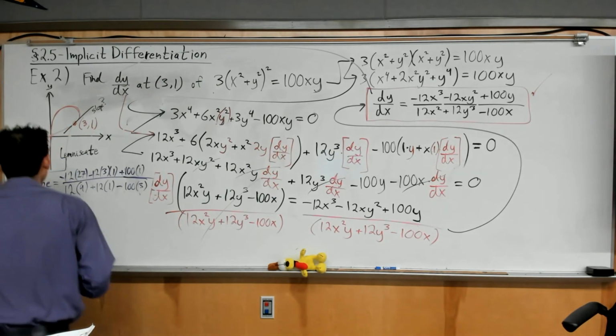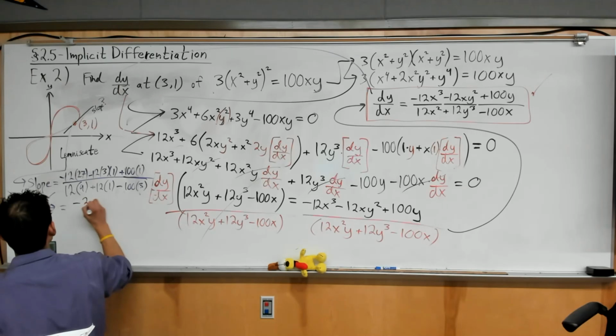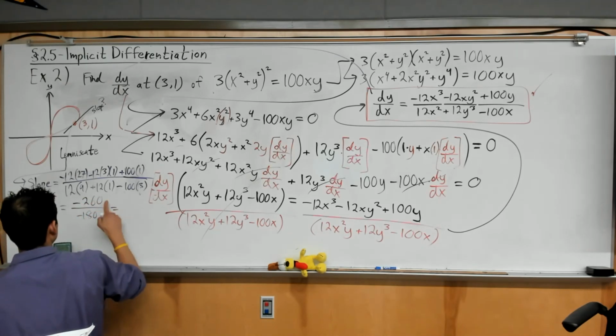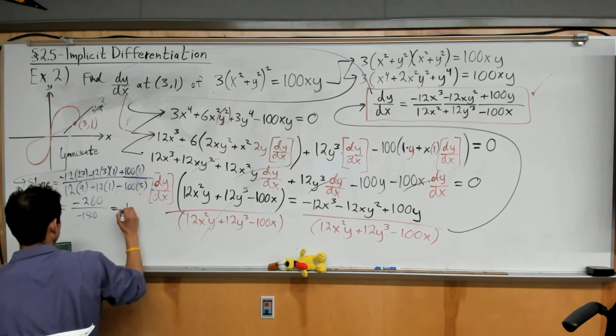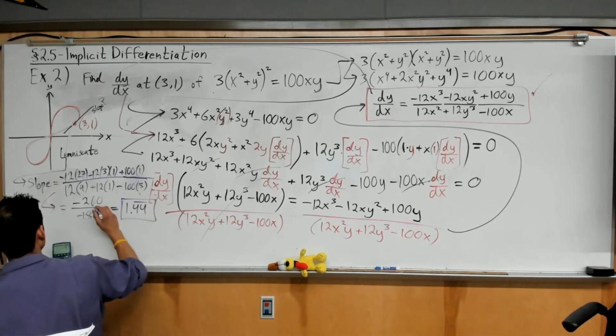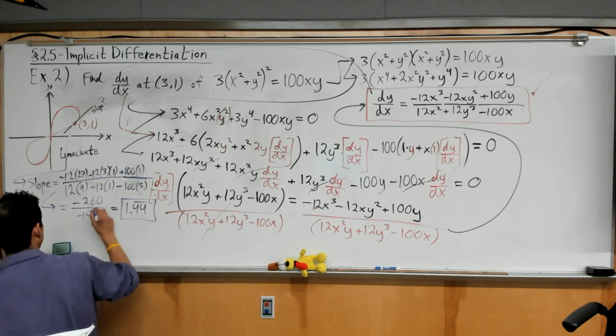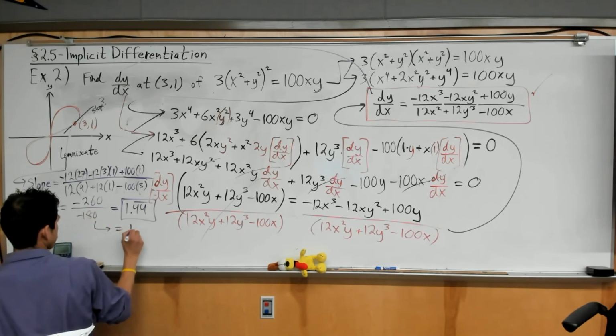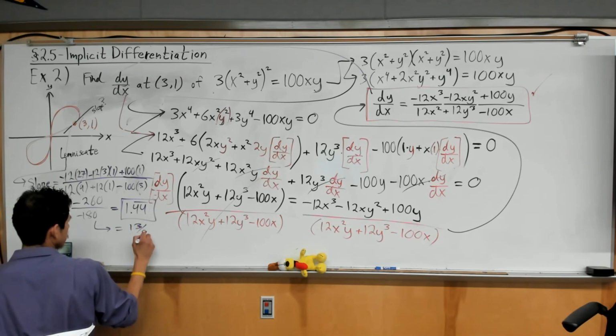So we will get negative 260 over negative 180, which, as a decimal, will be 1.44 repeating. But it's all good, it'll just be 13 over 9. Those zeros go away. Yep, same thing.